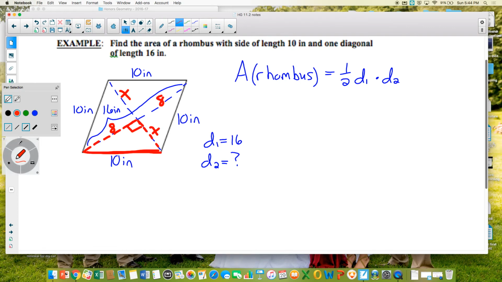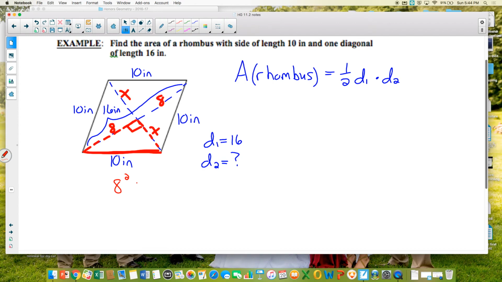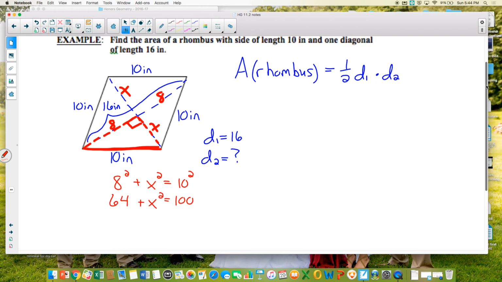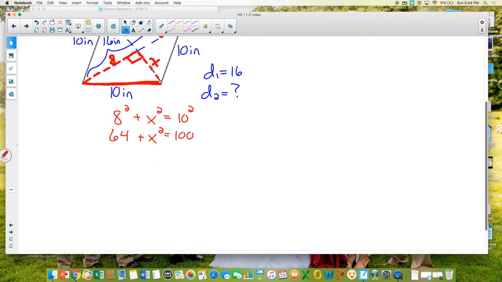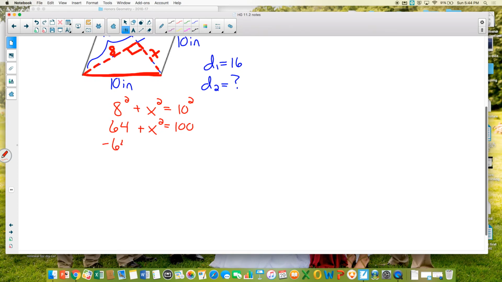So if we use the Pythagorean theorem, we know that 8 squared plus x squared equals 10 squared. 64 plus x squared equals 100. And then from here we can find our x value. X squared is going to equal 36.